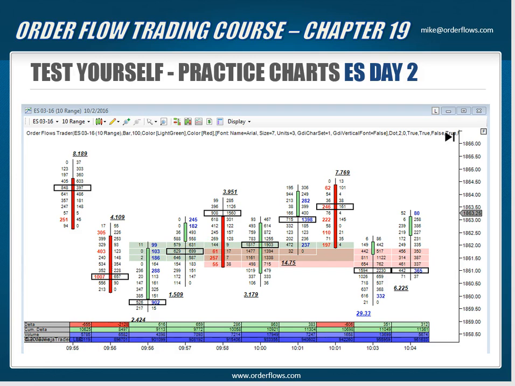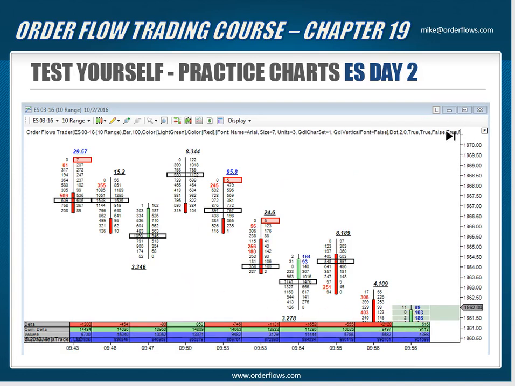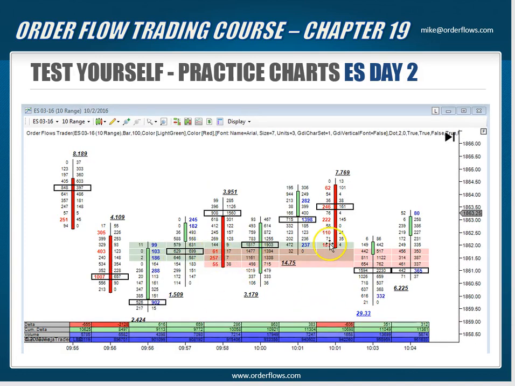So when you're in the middle of an area where you're just sort of going sideways, it's always hard to start taking trades. This first imbalance, look, I thought it looked good, just as we had come down into a low, but then it just went sideways. Then you get this selling imbalance immediately right after it. So, had you been looking to get long, you have a selling imbalance here, so you've got to get out.